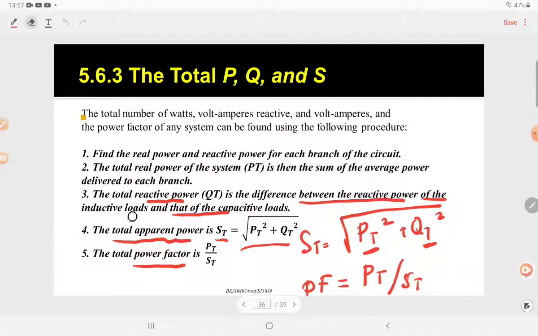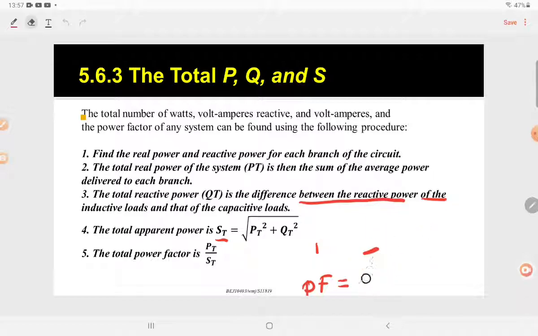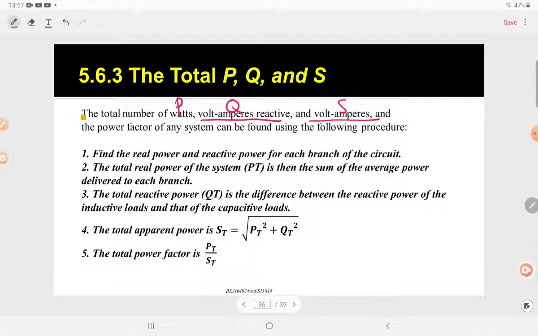Okay, the watt, we know that this is our active or real power, which is P. Then you have volt ampere reactive, VAR, which is the reactive power, and then you have volt ampere, which is usually our apparent power.